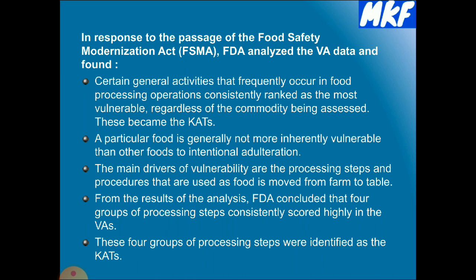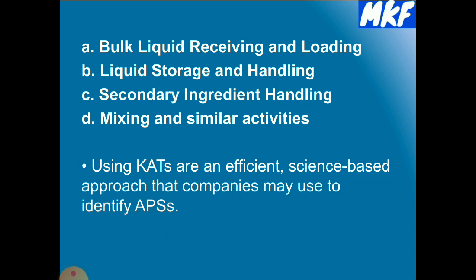These 4 groups of processing steps were identified as key activity types. At the conclusion of this analysis, FDA produced a detailed report on the development of key activity types. Now let us discuss these 4 groups.